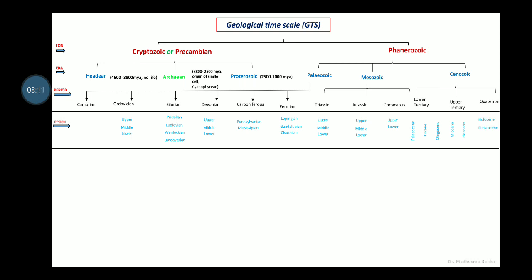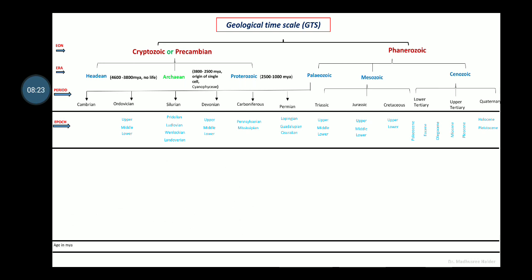In Quaternary, there are also 2 epochs: Holocene and Pleistocene. Now we have to look at the age of these different periods. We count the age of these different periods in million years.